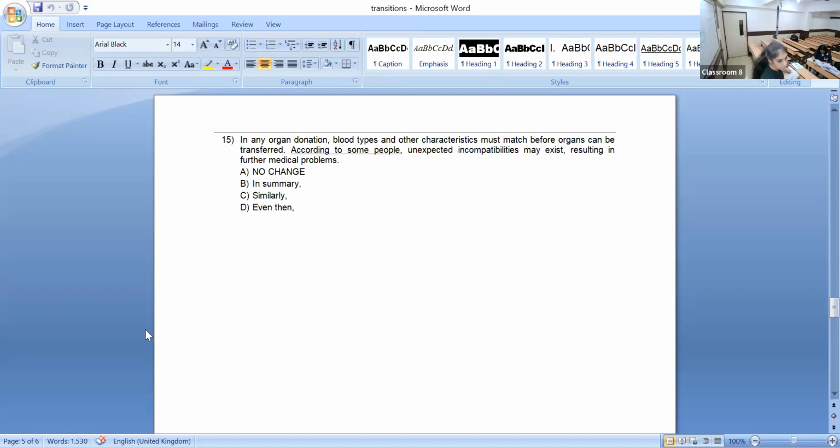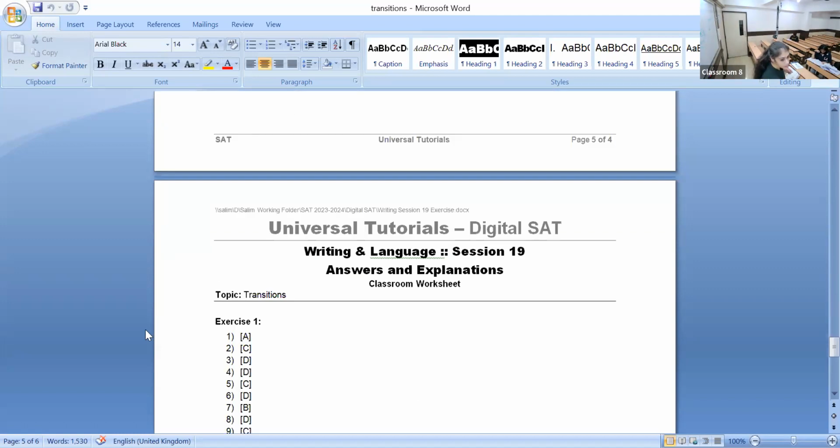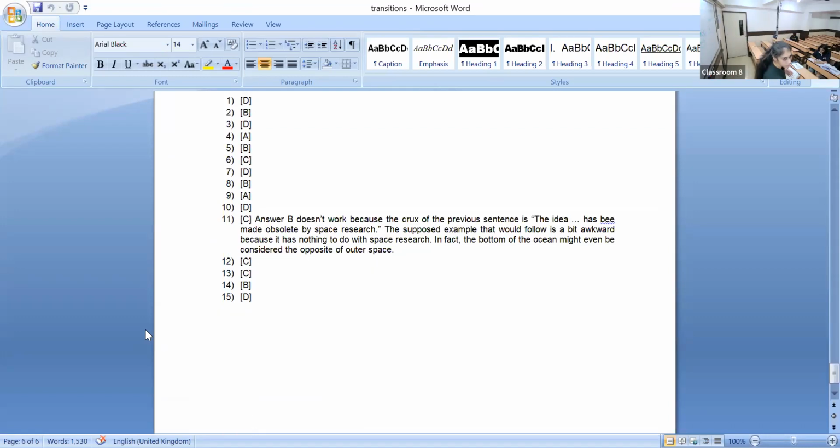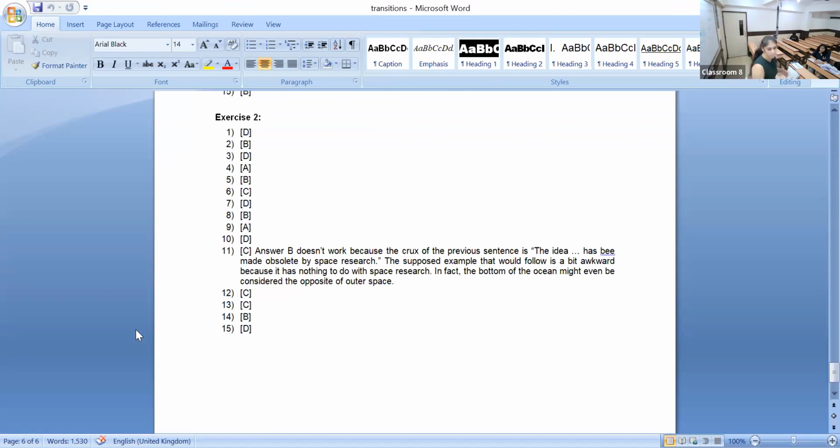After taking a screenshot of this, also take a screenshot of all the answers so that you can cross check. Done. Exercise 1, exercise 2. A little bit more. You can take together exercise 2 if you want.